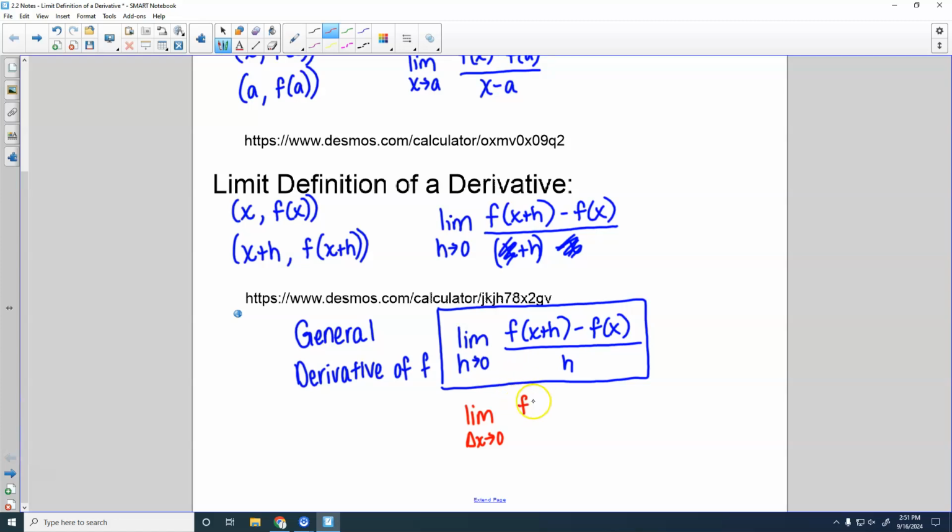So they do f of x plus delta x minus f of x all over delta x. It is the same formula. It's just instead of h, they use the delta x symbol right there.